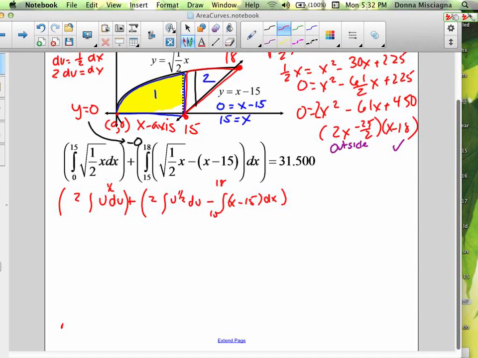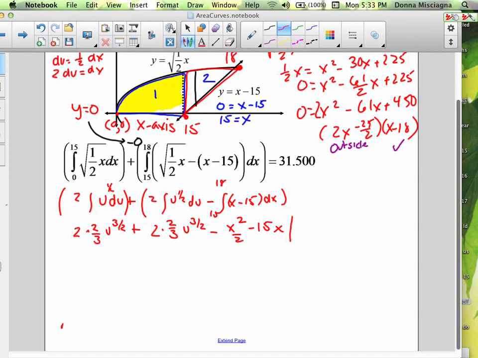All right. So this will give us 2 times 2/3 u to the 3/2, plus the same thing, 2 times 2/3 u to the 3/2, minus x squared divided by 2 minus 15x.